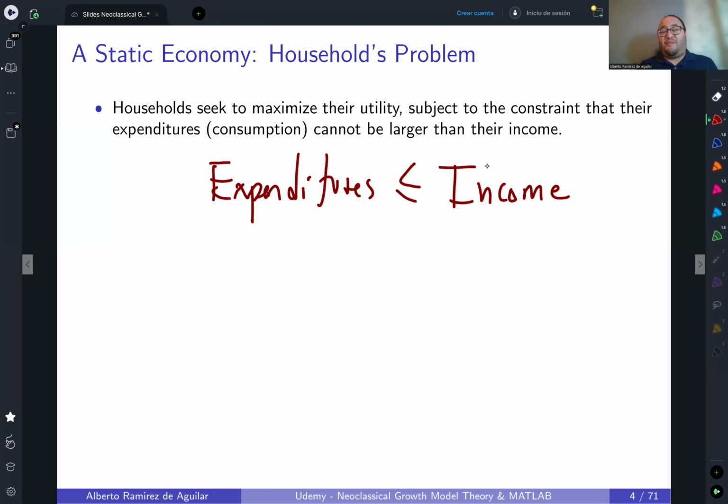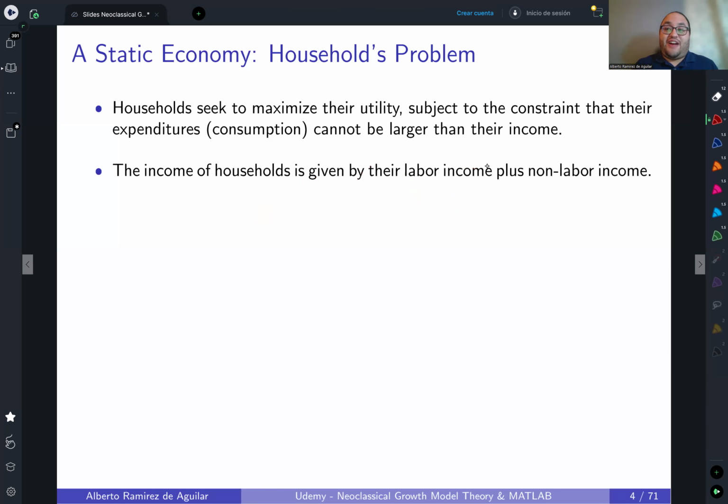Okay, now let's talk about income. The income of households is going to have two parts. On the one hand, it's going to be given by their work. So households don't like working, but the benefit of working is that they're going to receive a wage for working, and it's going to increase their income.